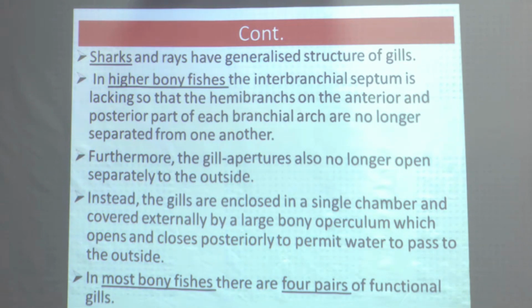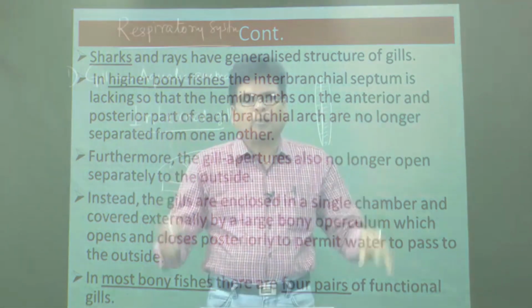Instead, the gills are enclosed in a single chamber and covered externally by a large operculum, which opens and closes posteriorly to permit water to pass to the outside. In most fishes, there are 4 pairs of functional gills. How many? 4 pairs of functional gills. They are covered by the operculum.